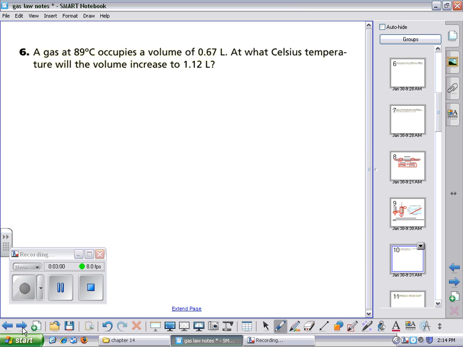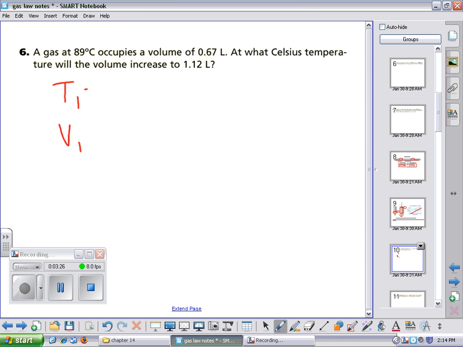We have a gas at 89 degrees Celsius. Remember, it has to be in Kelvin, so we have to change that temperature. It occupies a volume of 0.67 liters. At what Celsius temperature will the volume increase to 1.12 liters? So we have temperature and volume, new temperature and volume.